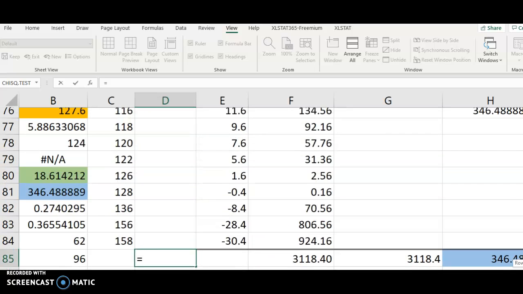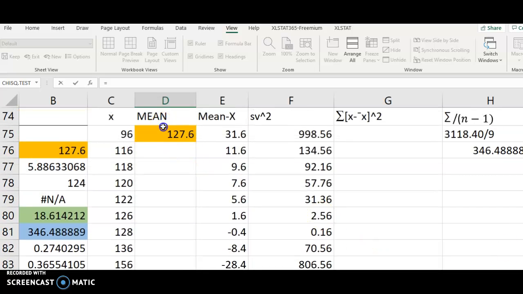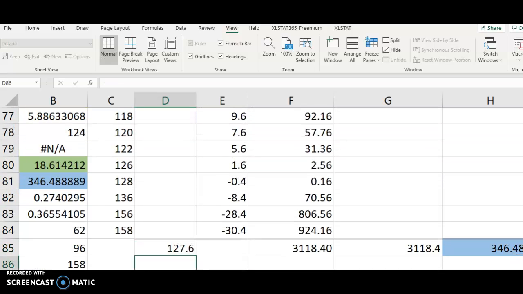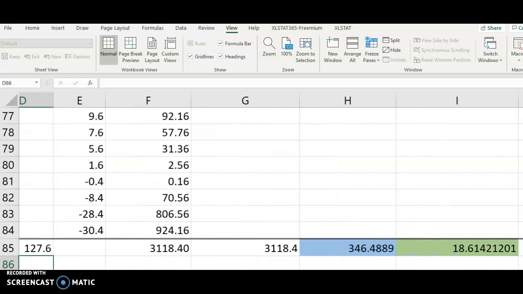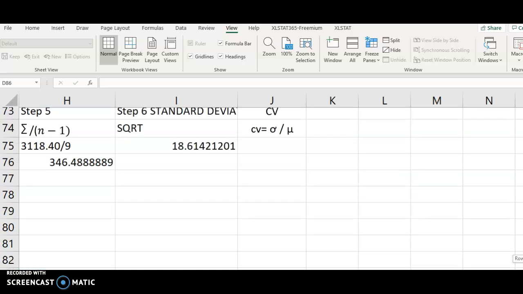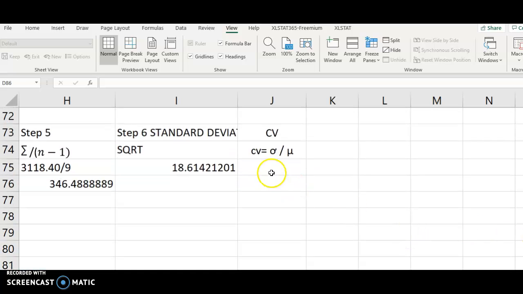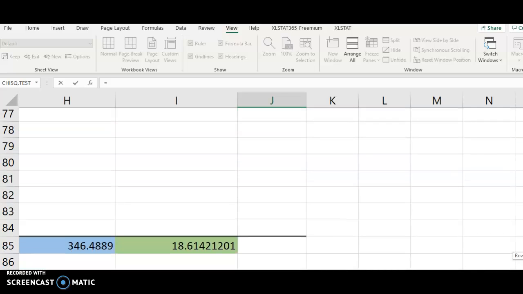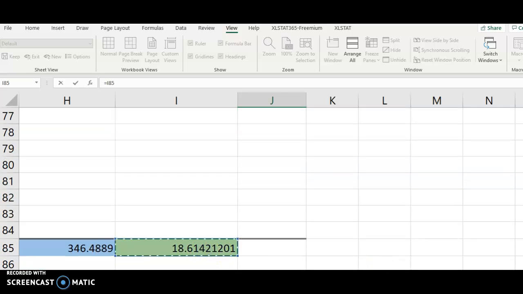And the reason you want to separate your formulas is because your numbers are going to change. So you don't want to have too many formulas referencing each other. It'll make a mess when you really start doing serious data analysis. So let's go back. Equals square root. Highlight that cell.